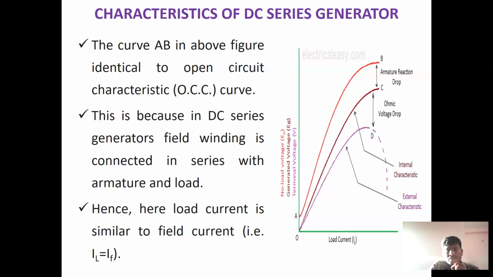After the saturation point, as we increase the load current, the terminal voltage goes to 0. Okay, so this is the external characteristics. In this graph, OA is the no-load voltage due to the residual magnetism, AB is the OCC characteristics, OC is the internal characteristics, and OD is the external characteristics.